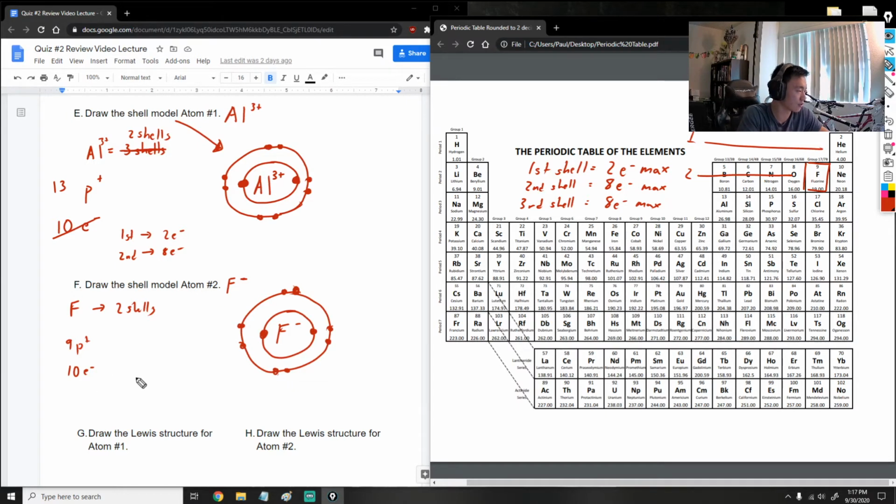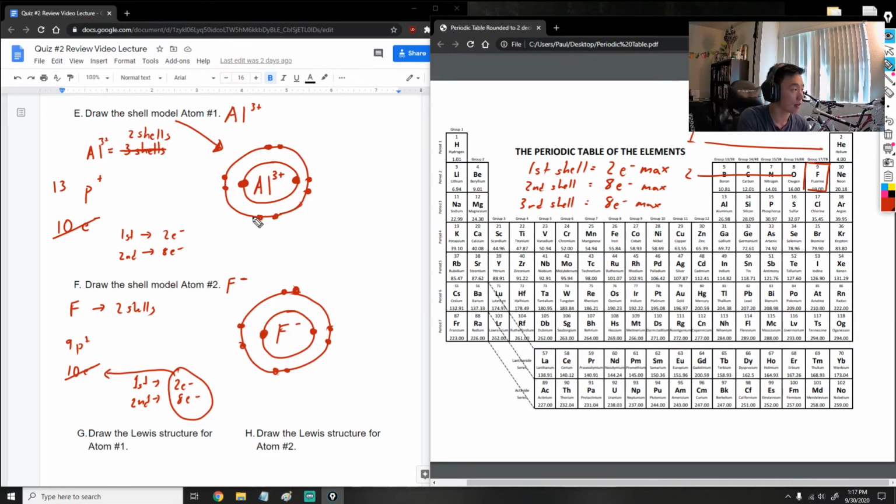If we look at the first shell, how many electrons are on there? There's 2 electrons. The second shell has 1, 2, 3, 4, 5, 6, 7, 8, so that second shell is full as well. 2 plus 8 gives you 10. So we've used up all the electrons, and all the shells are full, and we're good to go.